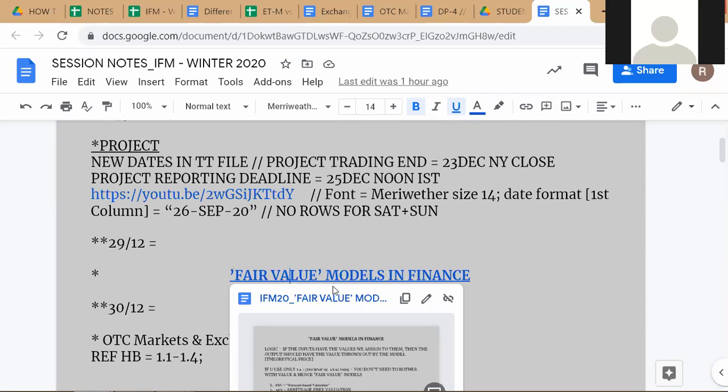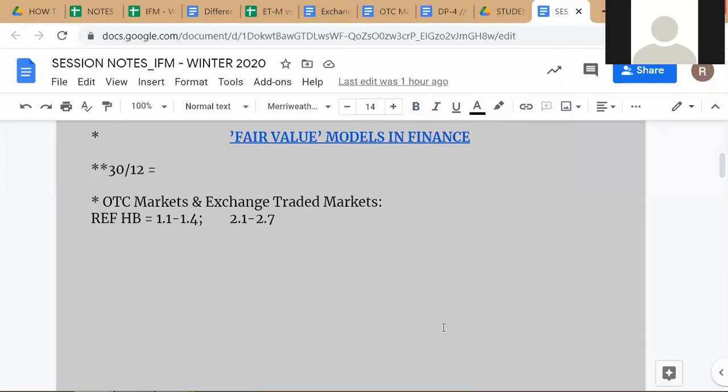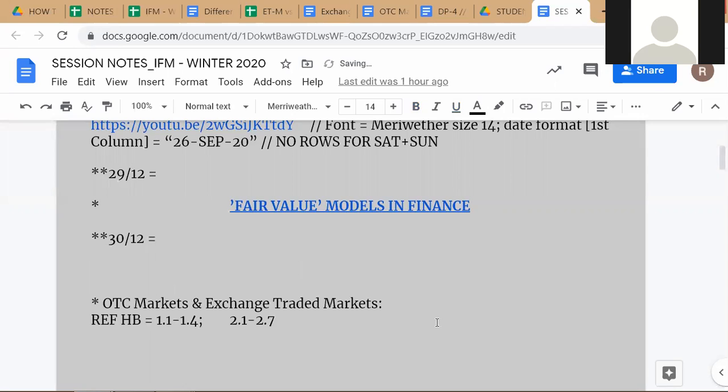So everything that goes into models and finance, I will eventually include in this particular document, and then we can have a wrap-up session so you have a very good theoretical understanding of models. But right now we need to focus on our project, because, as usual, we're quite tight. So we'll start with the OTC markets today.